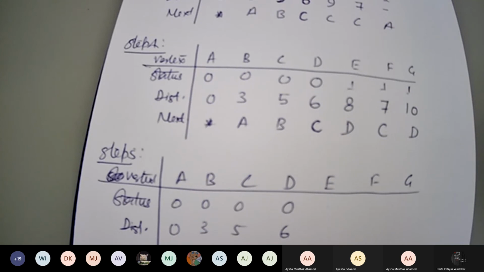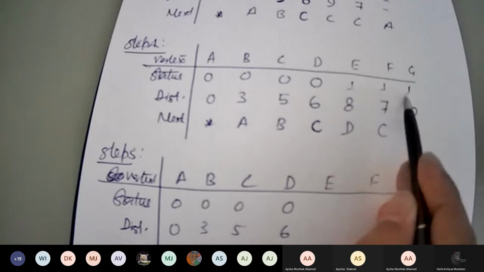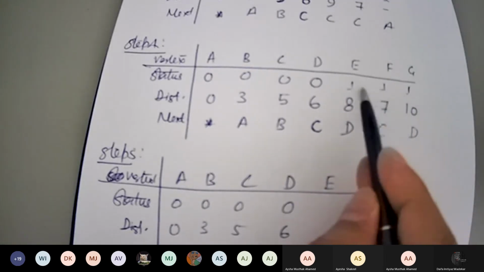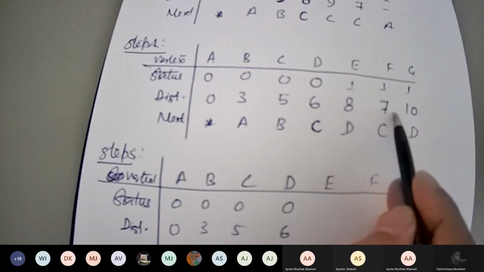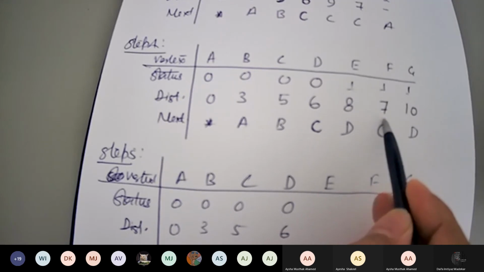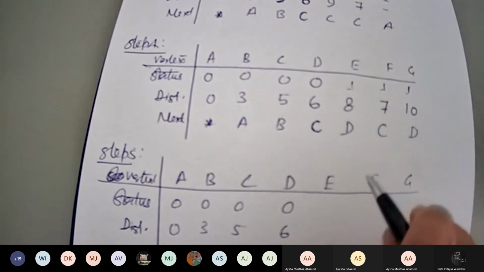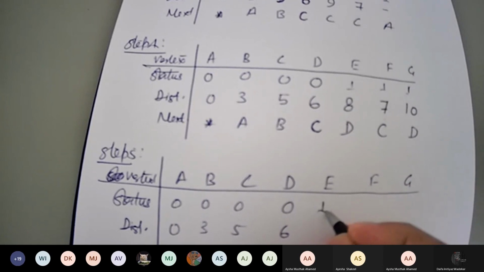F. Why F? Because in E, F, G the status is 1, so out of these three, F distance is less. That is 7, which is less than 8 and 10. So E status will still be 1, but F status will become 0 and G status will be 1.